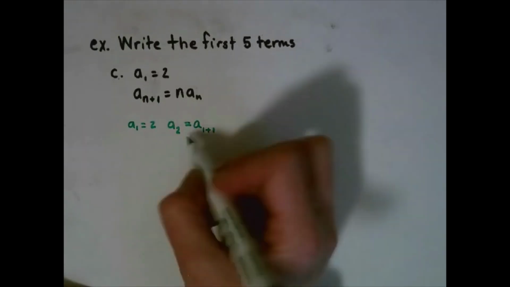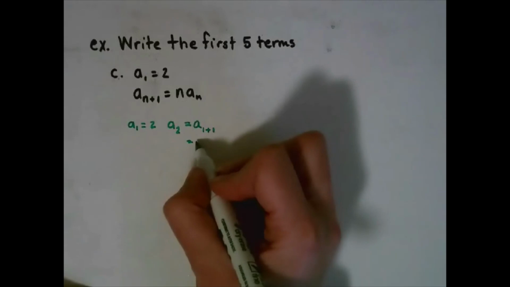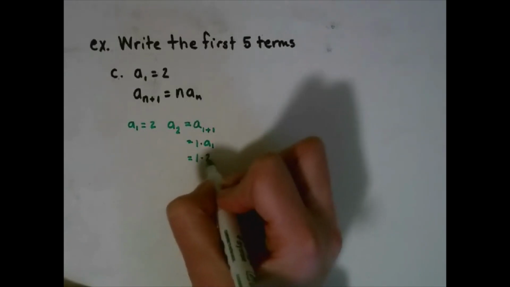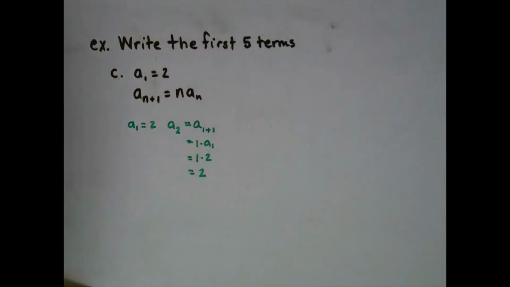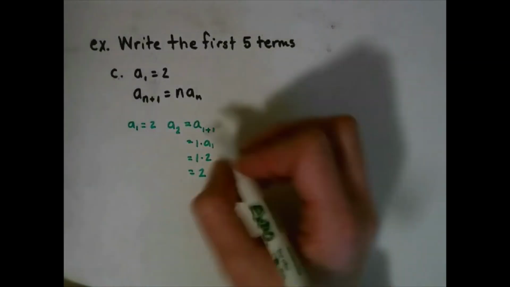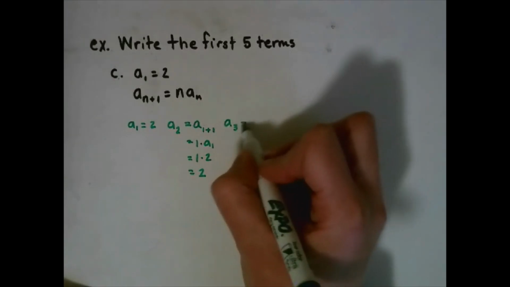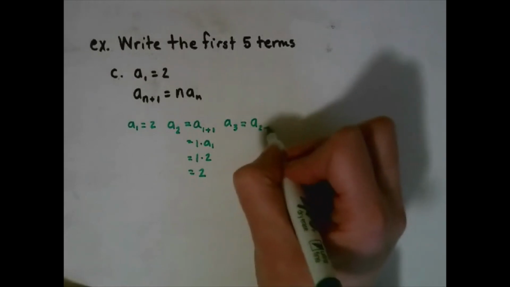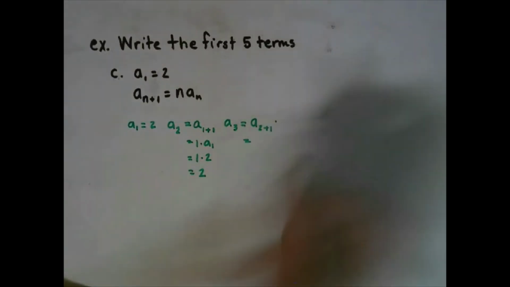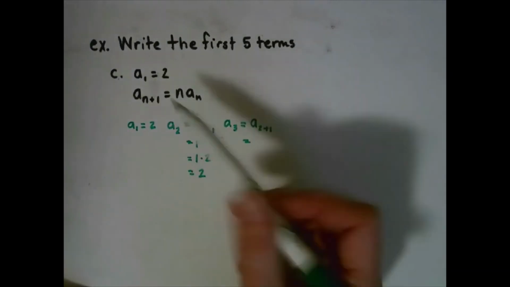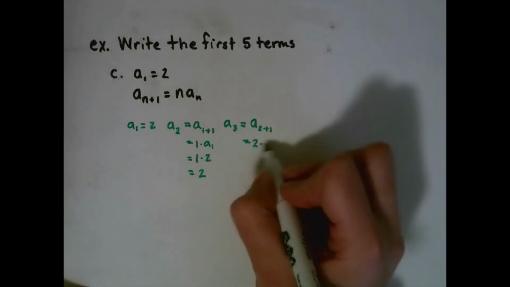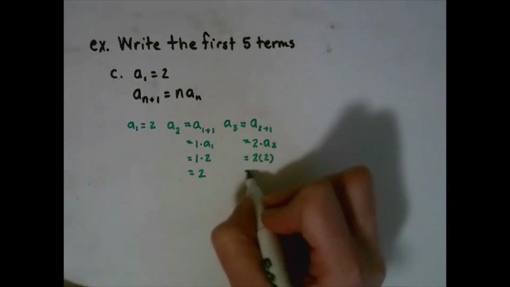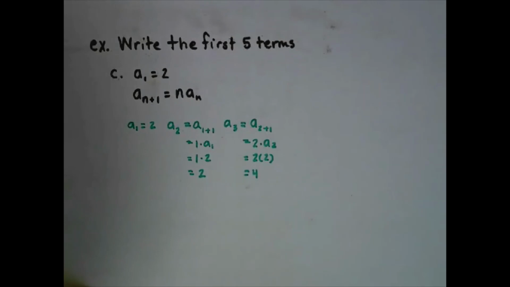That means we're looking at 1 times A1, which is 1 times 2, which is 2. So let's keep going. A3, written as a number plus 1, would be 2 plus 1, which means my n is actually 2. So we're going to have 2 times A2, which is 2 times 2, which is 4.